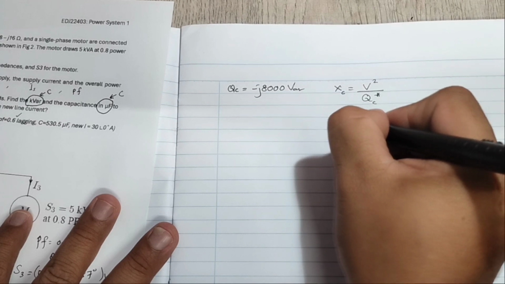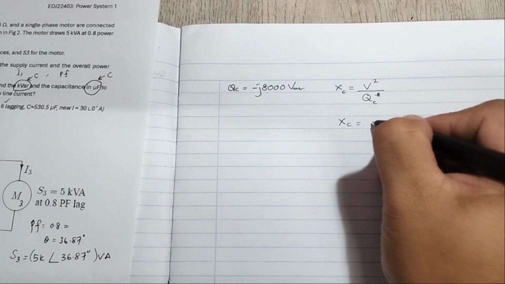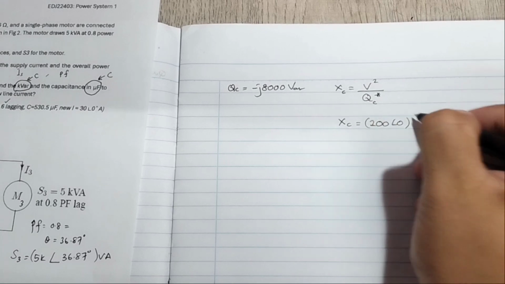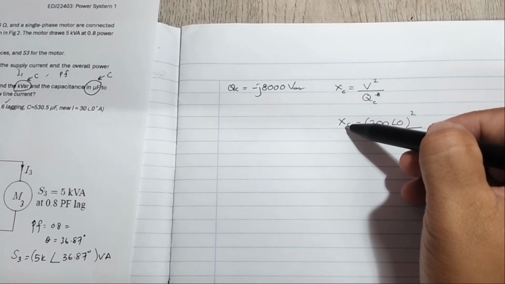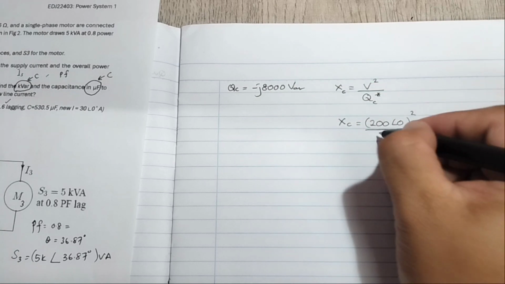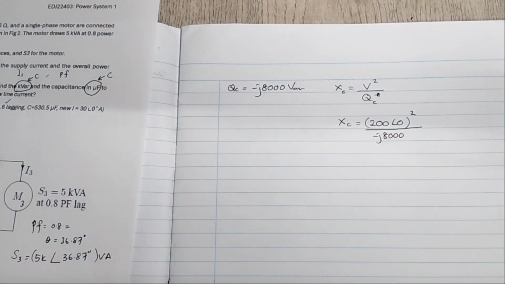So, XC. Voltage tadi berapa total? 200. Given already. QC. Sebab kita nak cari X yang ada pada kapasitor tu. Okay, minus J800. Okay, right.